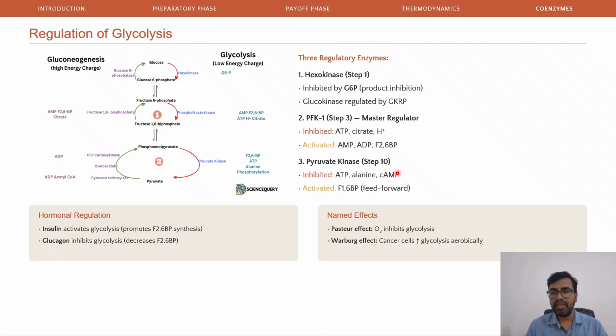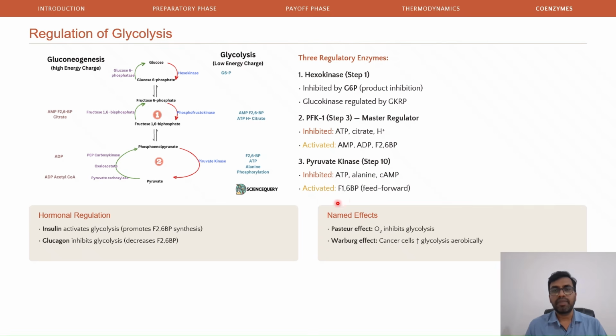And then cyclic AMP, if you have more amount of cyclic AMP, it is an indication that there is more energy in the cell, or there's an activation of pathways which indirectly indicate that there is more energy. That is why cyclic AMP, alanine, and ATP can inhibit pyruvate kinase.